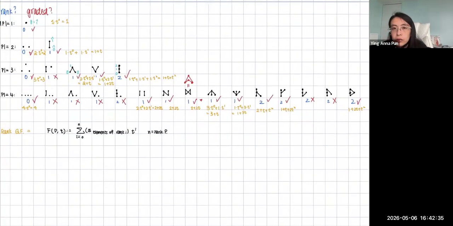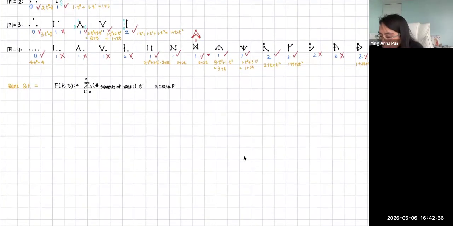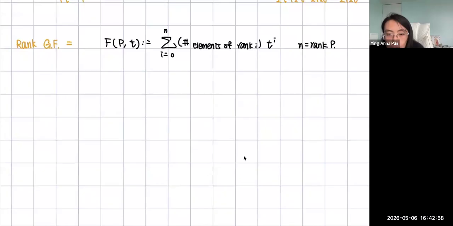All right. And so now, if you give me a Hasse diagram and if it is graded, I can visually tell you what the rank generating function is.